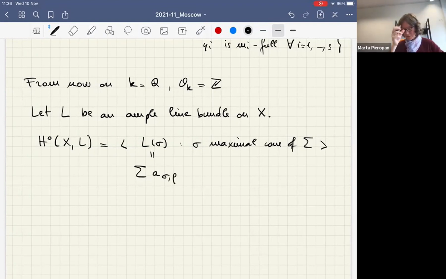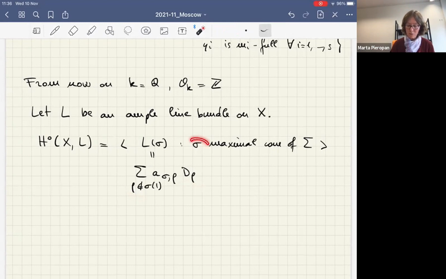So these L_sigmas are the unique representative in the basis of the Picard group, which is given by the torus invariant divisors D_rho, with rho not a ray of the cone sigma. So every maximal cone of my fan gives us one set of such rays, and they correspond to a basis of the Picard group.